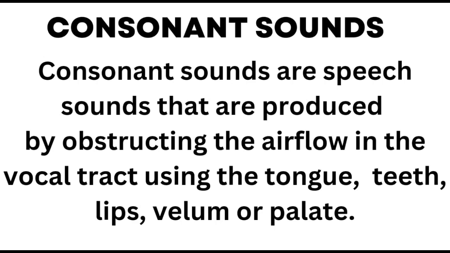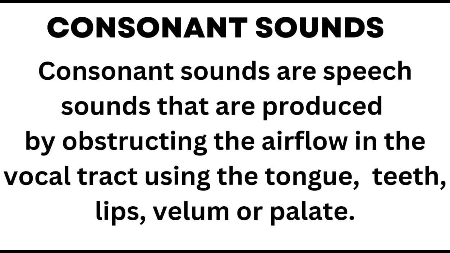In my previous video, I told you that consonant sounds are speech sounds that are produced by obstructing the airflow in the vocal tract through the tongue, the teeth, the lips, the velum, or the palate.